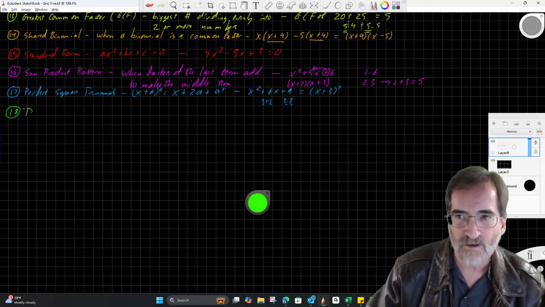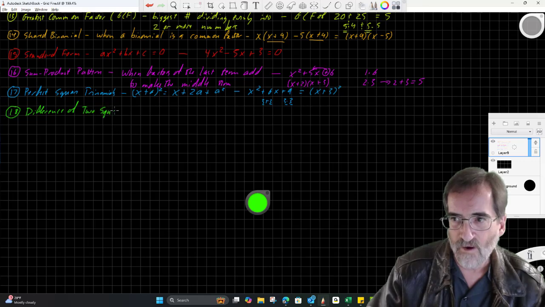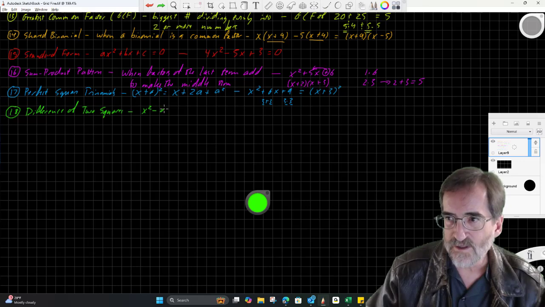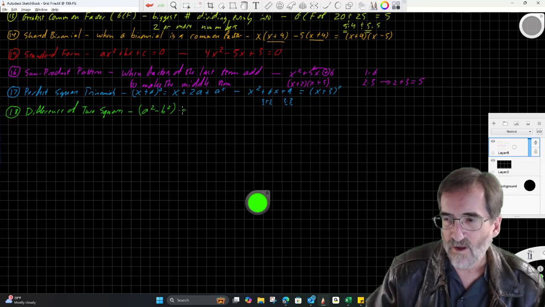Difference of two squares. Anything of this form: a squared minus b squared equals a plus b times a minus b.